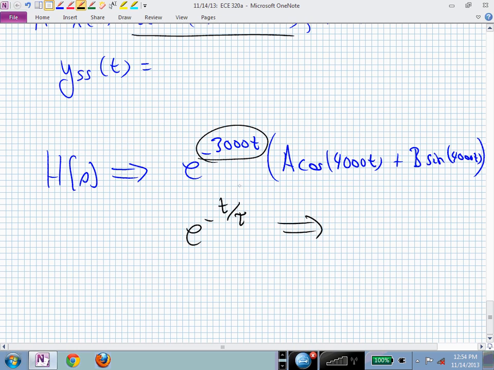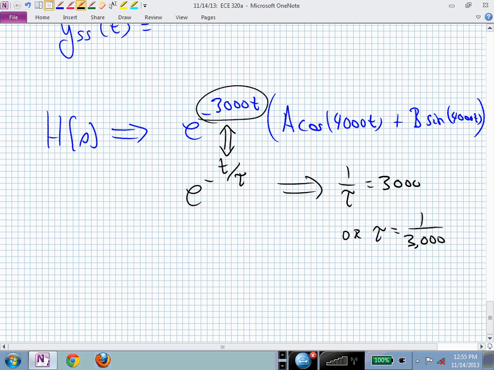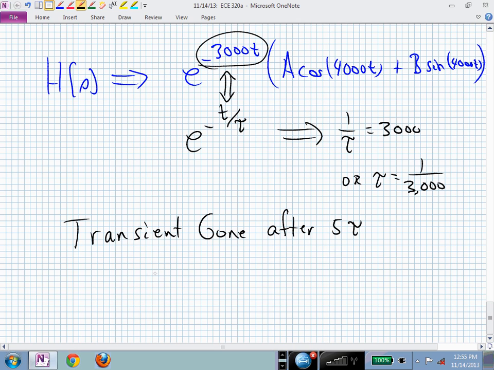So this association between those two says that 1 over tau is equal to this 3,000, or tau is equal to 1 over 3,000, and for my settling time, after 5 tau, the transient is gone in 5 over 3,000 seconds, or that's 1 over 600 seconds. 1/600th of a second, and I'm into the sinusoidal steady state. Is that making sense?